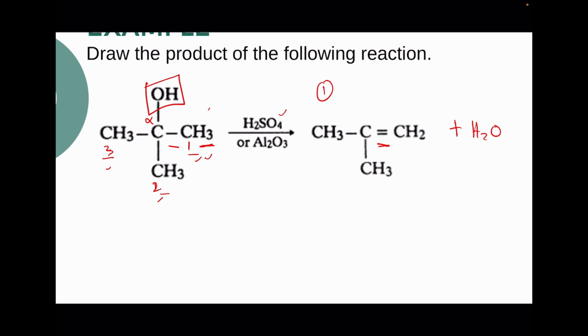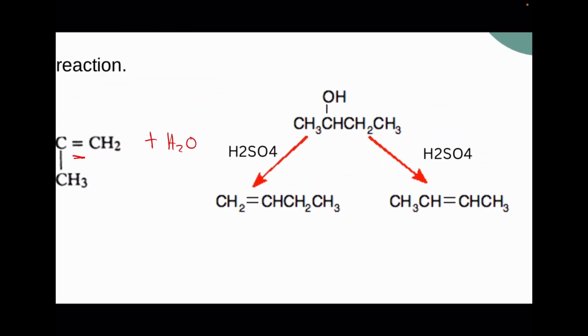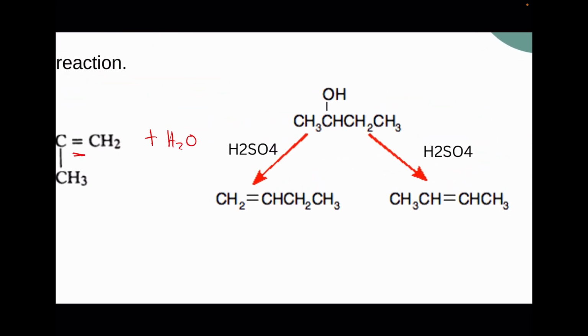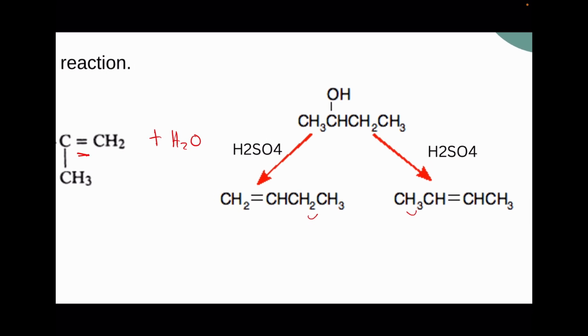Now we move to the next example. When 2-butanol reacts in a dehydration reaction, it will produce two possible products. However, which one will be the major product? First, label the carbon bonded to the hydroxyl group as the alpha carbon.